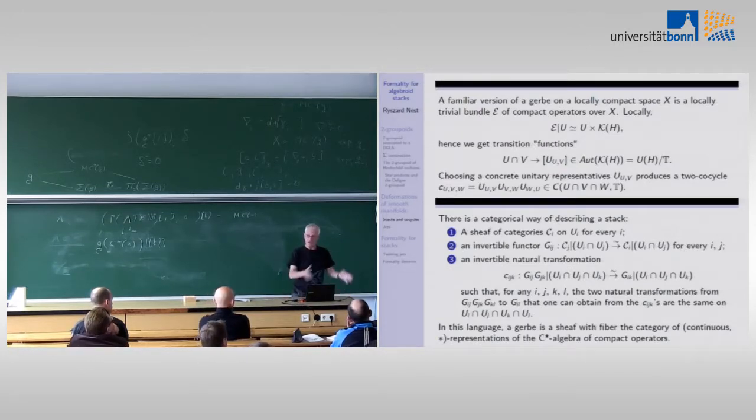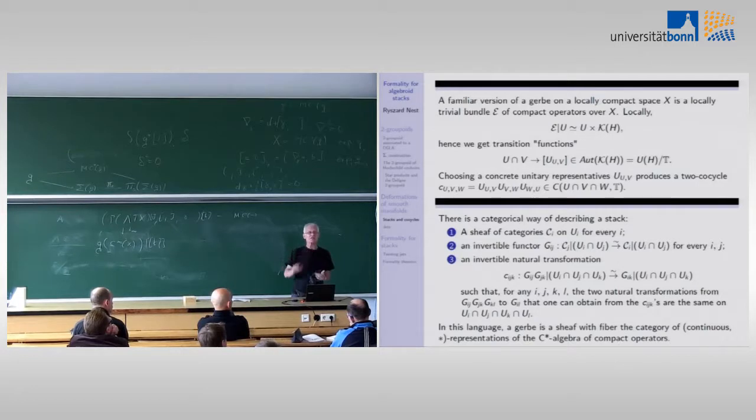An example that a lot of you know is the bundle of compact operators on a space. Locally, this bundle is trivial, so locally the bundle is an open set cross compact operators on H. On intersections, we get transition functions. There is only one copy of compact operators on a separable Hilbert space, so on intersections we get some intertwining unitaries.